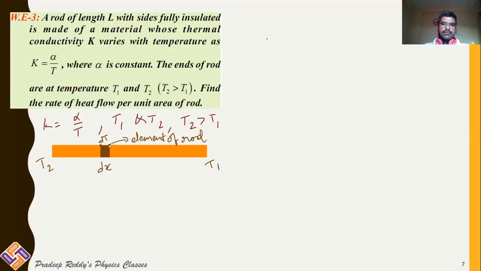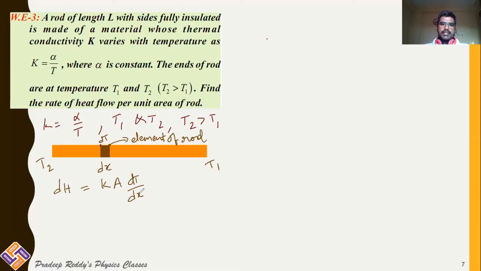Now, from this very small element, the heat flow dH is equal to K A dT divided by dx. This equation we already know. A very small amount of heat flowing through this very small element is dH. That is equal to K, the thermal conductivity of this element.